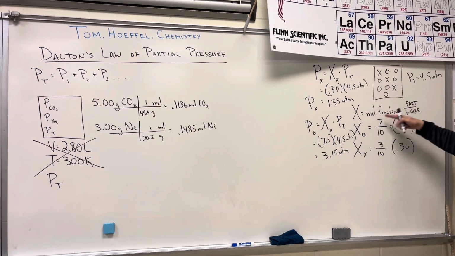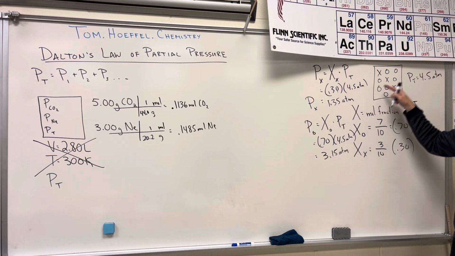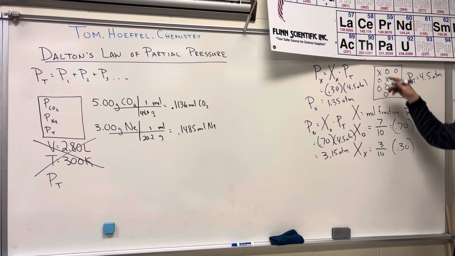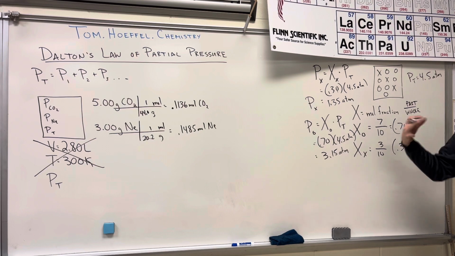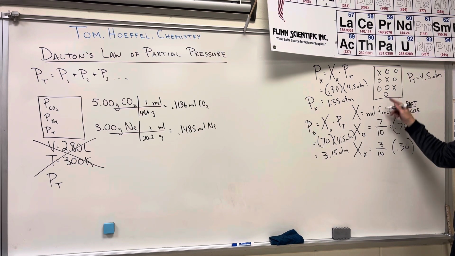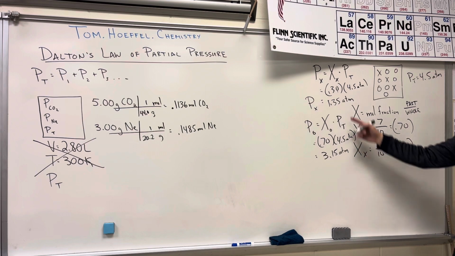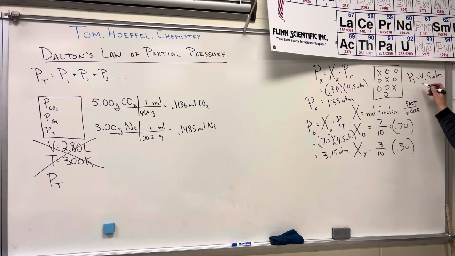So in this particulate diagram, 1.35 ATMs of pressure is coming from the X's because only 30% of it are the X's. And then 3.15 ATMs of pressure is coming from the O's because 70% of the pressure comes from the O's. And when I add these two together, it equals that 4.5.